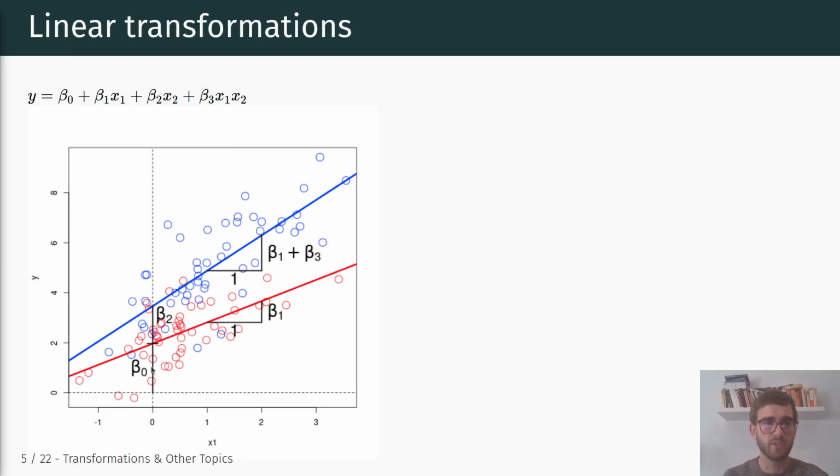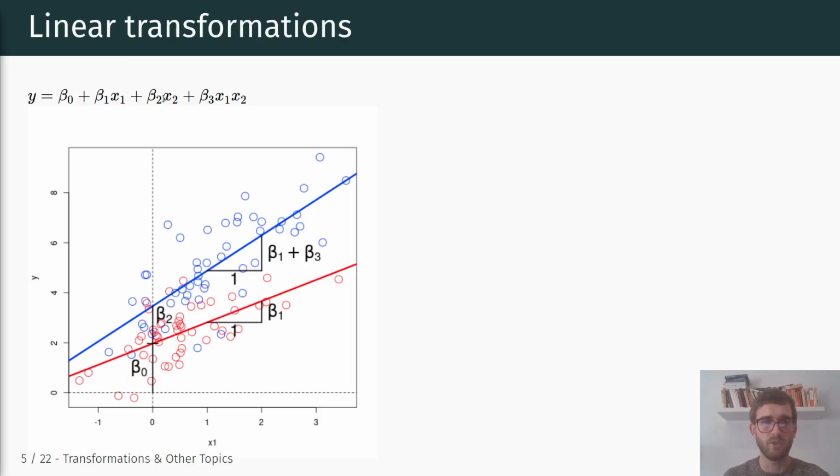In addition, we can of course interpret the intercept as the expected value of the dependent variable for x1 being equal to 0 and x2 being equal to 0. That's the beta 0 here.